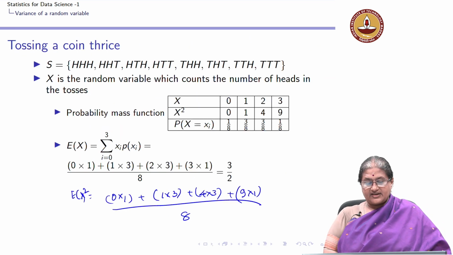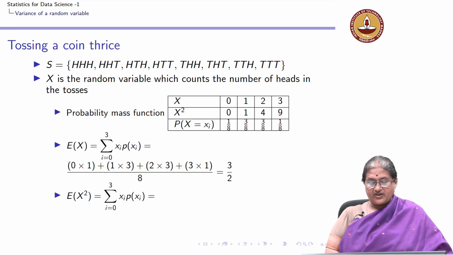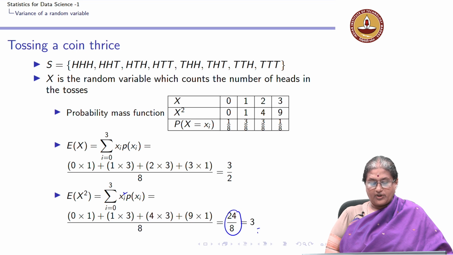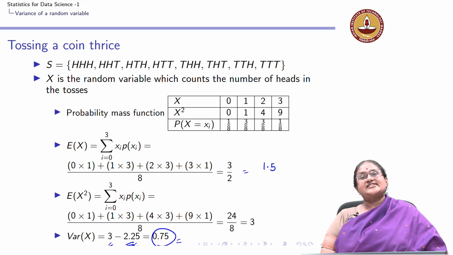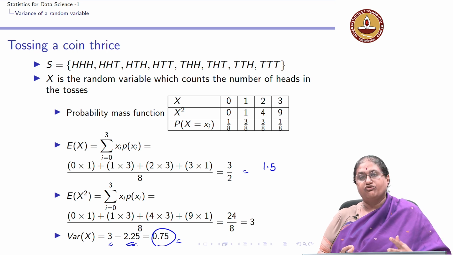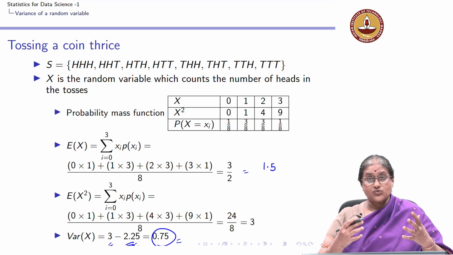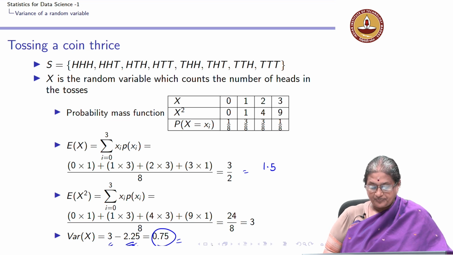You can see that this matches with the variance which we computed using the computational formula, which is 0.75, and 3 by 4 is the same. This is what we have already seen.